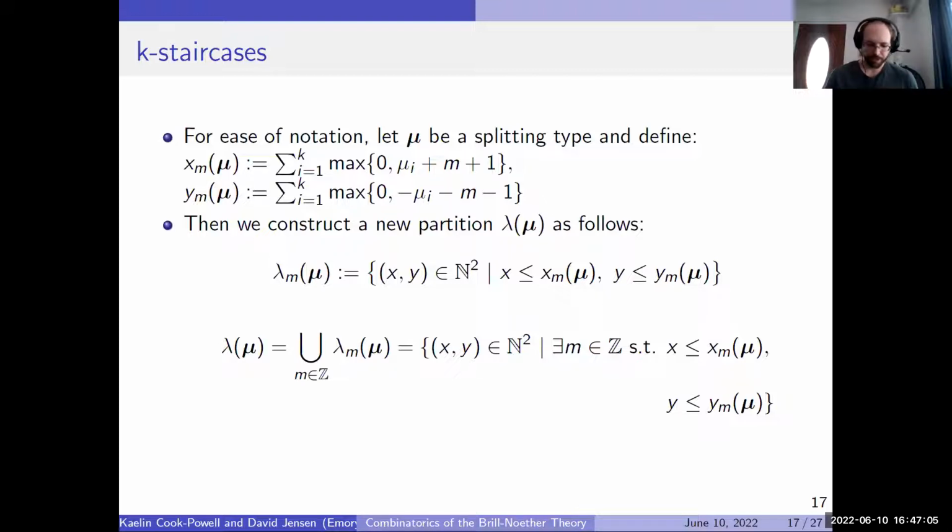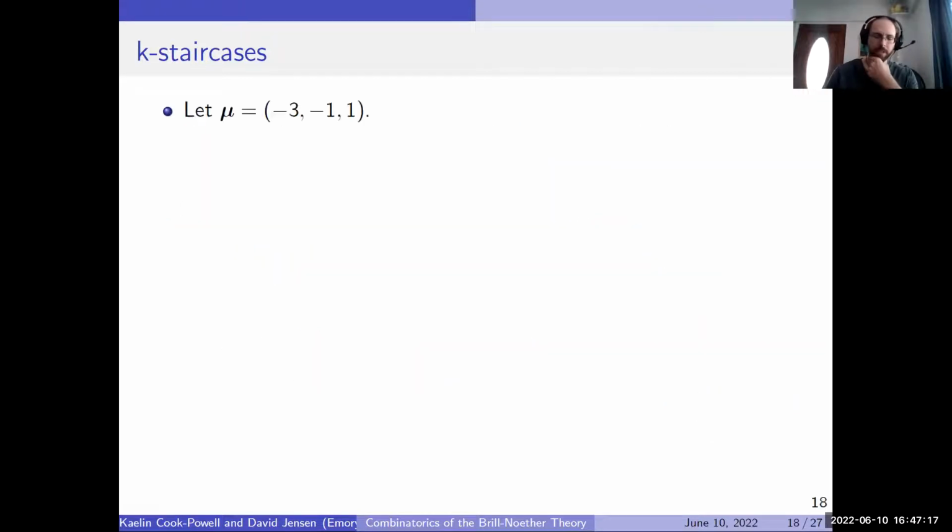And why should you believe that? Well, each one of these is supposed to be capturing, in some ways, a rank and degree of a twist by a particular value. So let's start off with a very small example with a splitting type with 3 entries, -3, -1, 1.